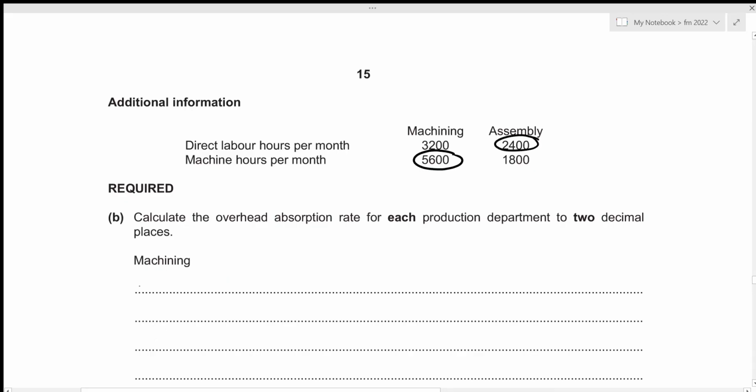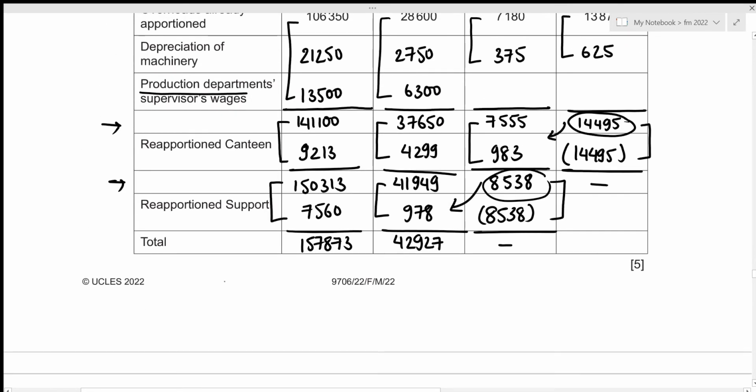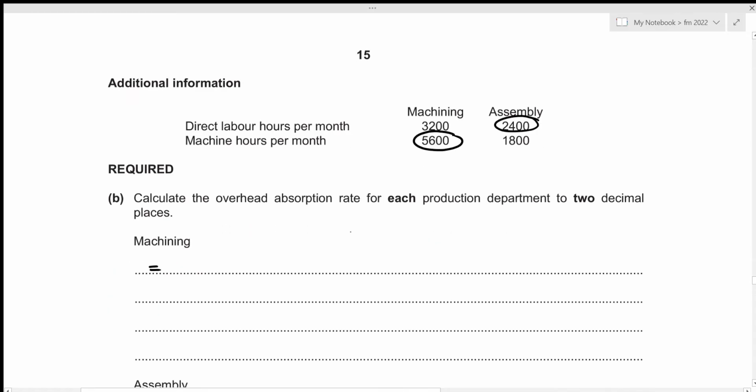Okay, let's figure it out for machining. We will be starting with the total overheads that we figured out in the above table. For machining department, we figured it out to be 157,873. Let's write it down. That's 157,873. And we already figured out that we will be calculating the overhead absorption rate for machining department on the basis of machine hours.